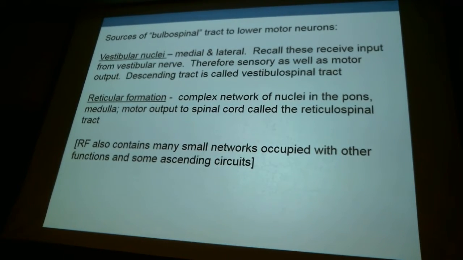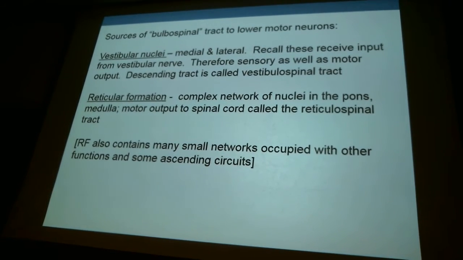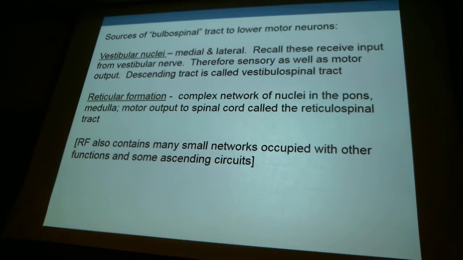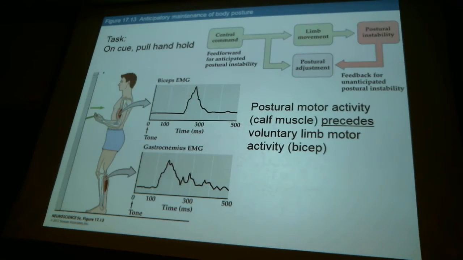The reticular formation, as we said, is complex and provides motor output, and it's called the reticulospinal tract. Very predictable. But in this case, boring is good. It gives you a clue as to what's going on. And then, you know, this is just to say there's lots of other things the reticular formation is doing that we're not going to discuss at all. All right. So what did I mean by?